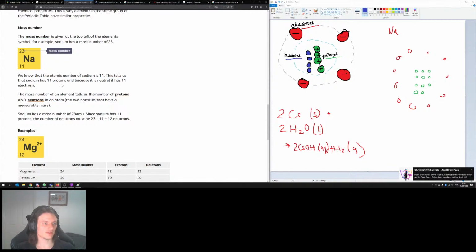Because it is neutral, it has 11 electrons. The mass number of an element tells us the number of protons and neutrons in an atom, the 2 particles that have a measurable mass. Okay, cool. Sodium has a mass number of 23 atomic mass units.